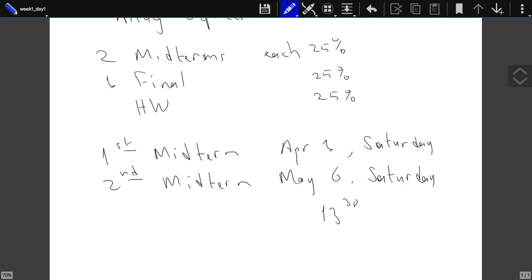They usually start at 13:30, and let's say 3 hours. Not because the questions will take you 3 hours, but I just don't want you to have worries about the time. You should have time to think over the problems and solve them. And at the end of the 3 hours, if you are still solving a problem, I just let you continue. I'm not grabbing the papers from you.